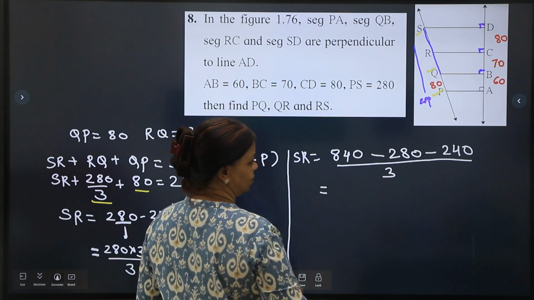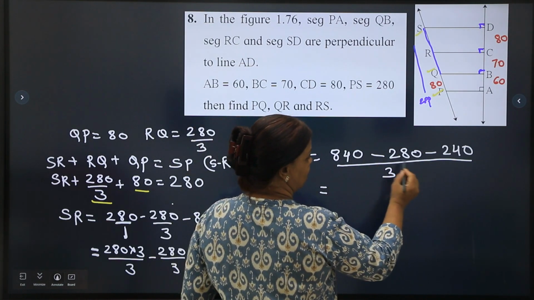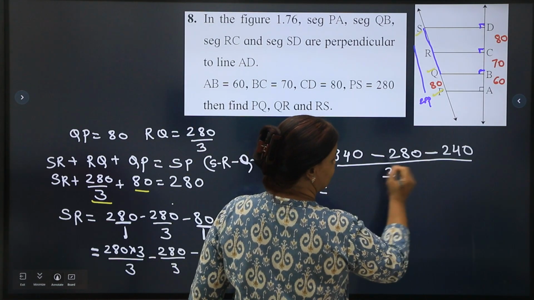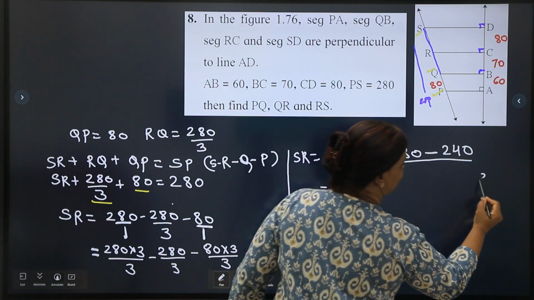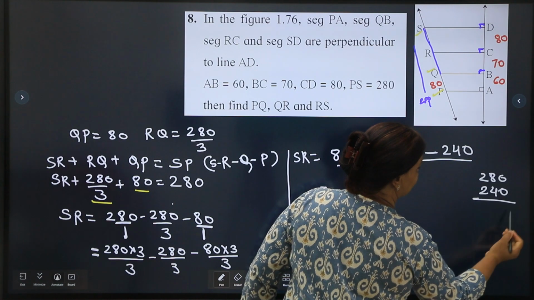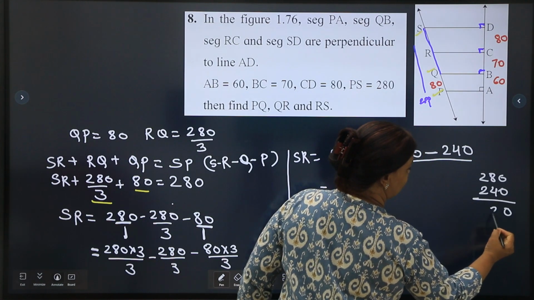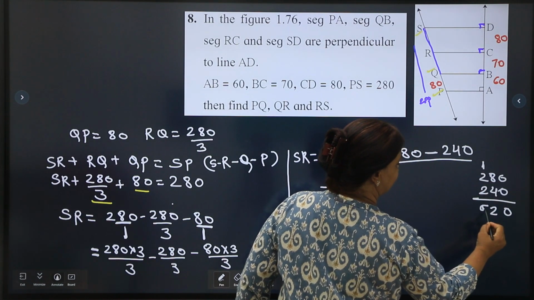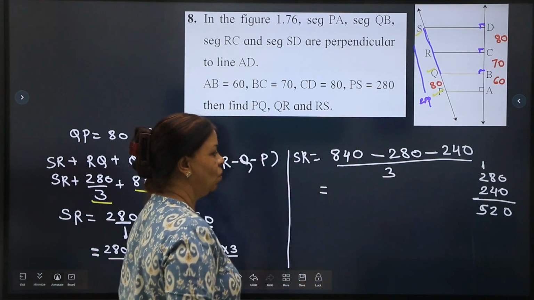Now do the subtraction. 840 minus, first this is minus and this is minus, add both of them. 280 plus 240 will come 520. Okay.